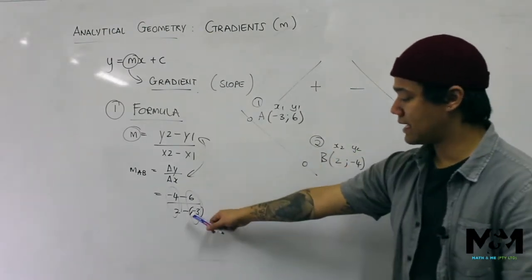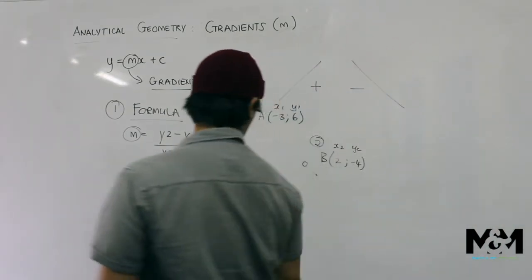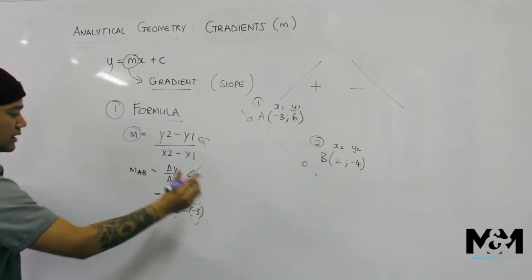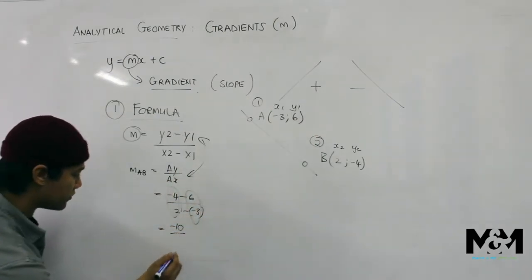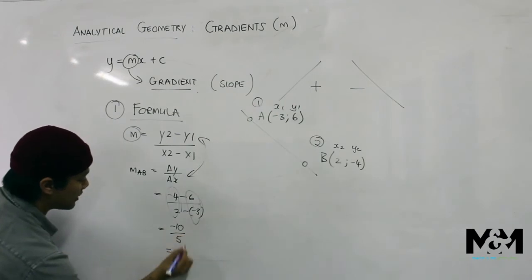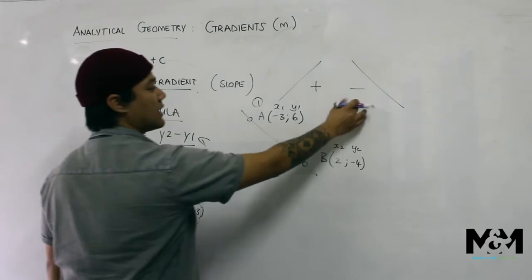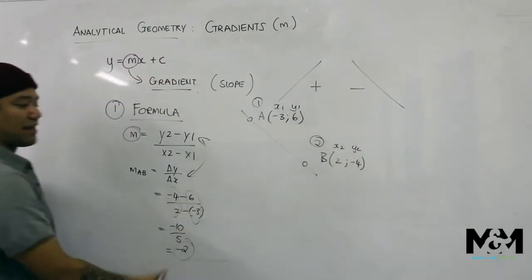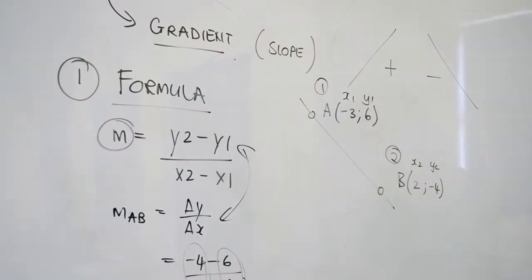Notice that when I sub in negatives, I pop in my brackets because it's minus that coordinate, which is -3. That will become -10 all over +5, worked out perfectly. -2 is my gradient, which makes sense because we know negative lines go that way. That's just another way to check if I'm on the right track. So the gradient formula is my first way.